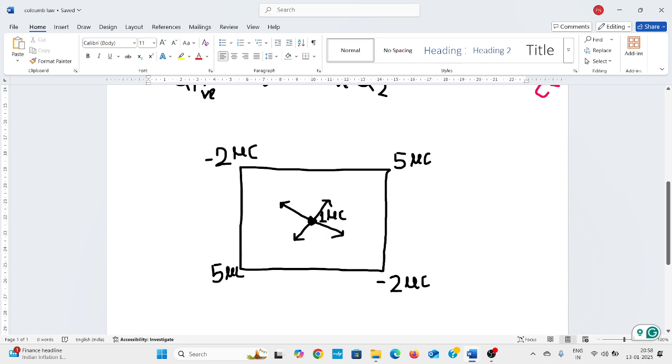The force between 5 microcoulomb and 1 microcoulomb will be the same as between 1 microcoulomb and 5 microcoulomb, and they are repulsive.